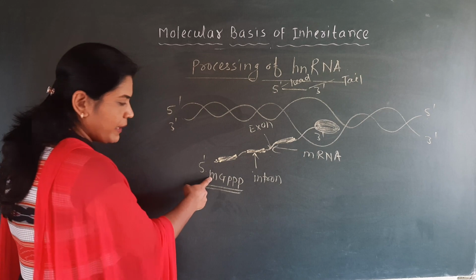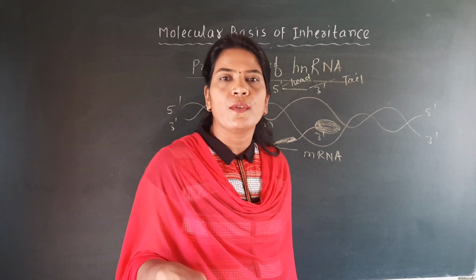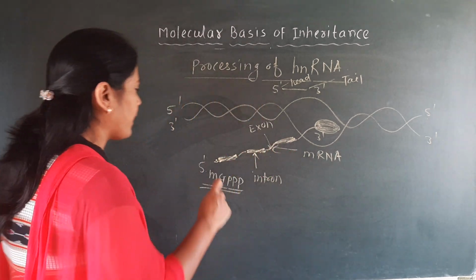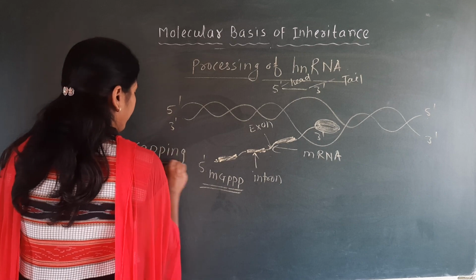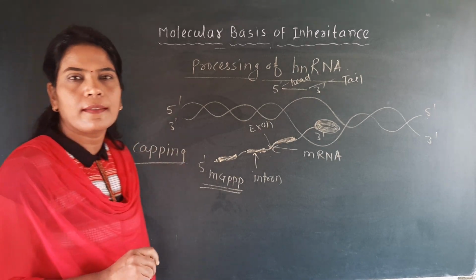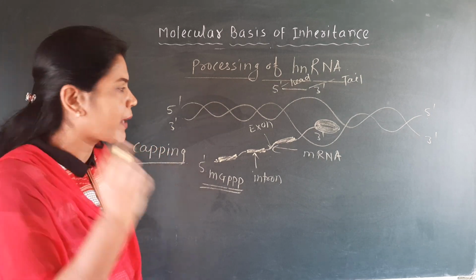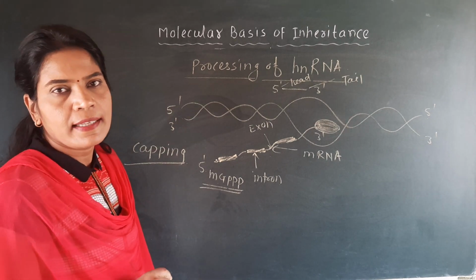The methyl guanosine triphosphate gets added at the 5' end of the newly formed mRNA, and that process is called capping.